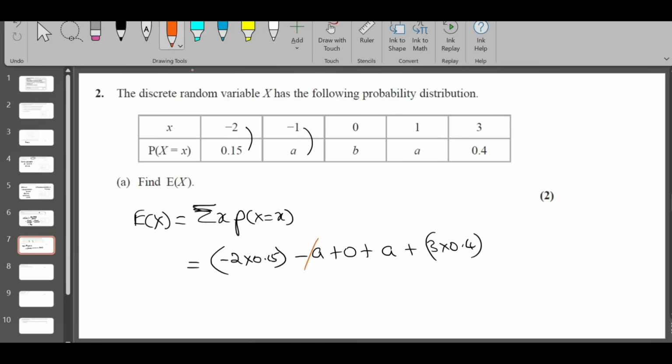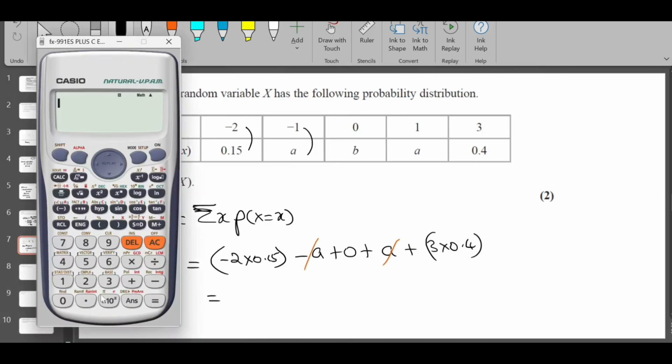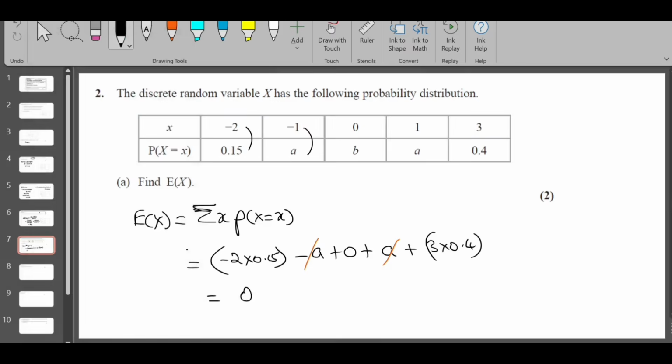Minus A plus A can be cancelled. So you are going to get minus 2 times 0.15 plus 3 times 0.4. 0.9 is the answer. Just a 2-mark question.